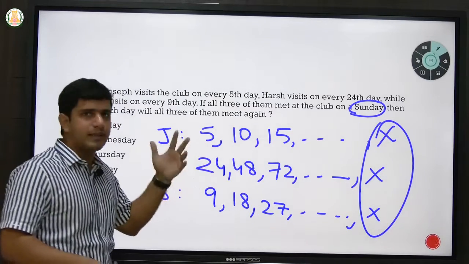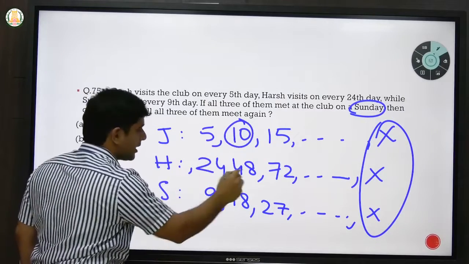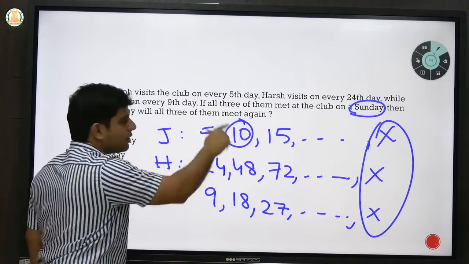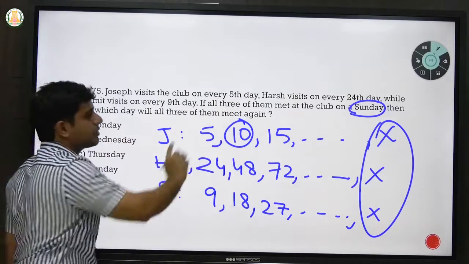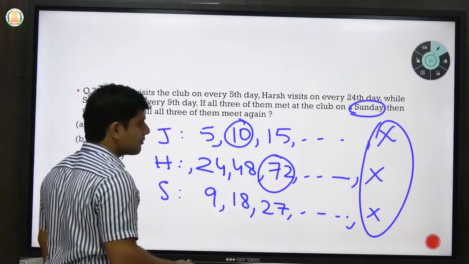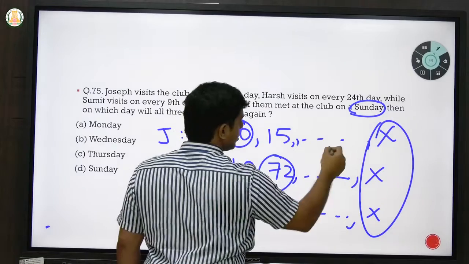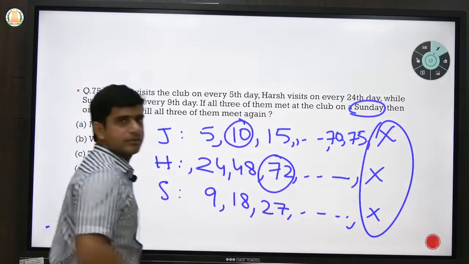Now, consider the 10th day. Joseph will come to the club, but there is no 10 in Harsh's series. So Harsh will not come on the 10th day. Similarly, there is no 10 in Sumit's case, so Sumit will also not come on the 10th day. Let's say Harsh is coming on 72. In Joseph's series you will get 70 and 75, but you will not get 72 here.